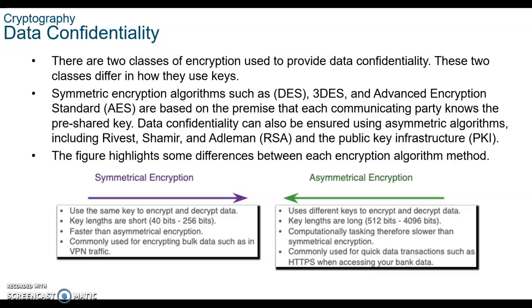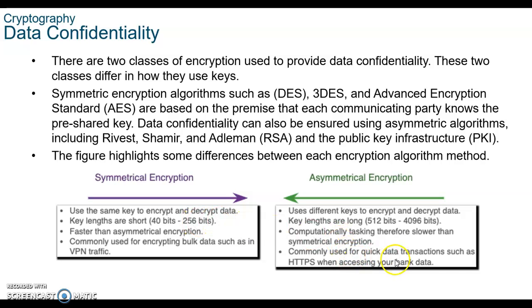Asymmetric, we're going to be using a different key to encrypt and decrypt. So on each end, the sending and the receiving, we're using one key to encrypt and another to decrypt. Also notice here you can have a longer key length, which of course means it's going to be slower because it's more resource intensive, having to decrypt this longer key, 4096 bits versus the most for symmetrical would be 256.